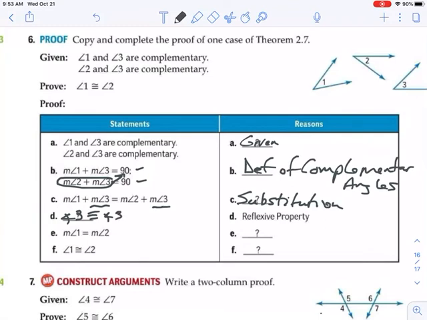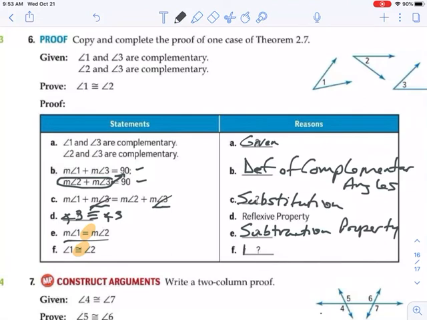What that allows us to do is subtract the angle 3's from both sides up here, leaving us 1 and 2 are equal. That's the subtraction property. Then notice here we're going from equal to congruent.